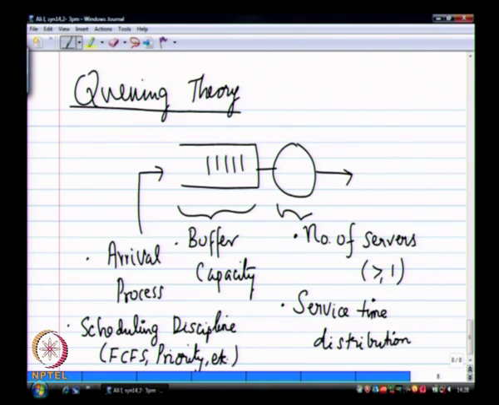Then there is one more characterization, and that would be the total number of customers allowed in the system, which is actually the buffer capacity. No, that is already there. Then we have the service time distribution. There is one more, which I forgot.